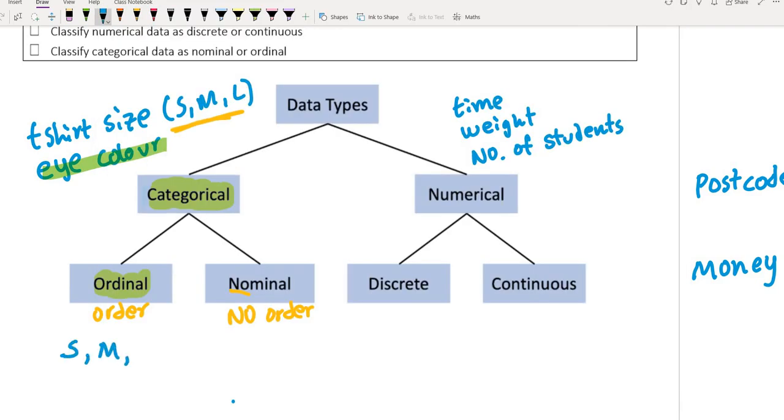And then something like eye color, there's no particular order in eye color, like black, brown. So that's going to be under nominal data, eye color.